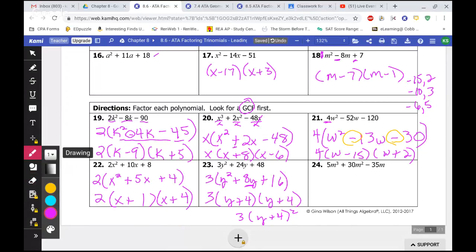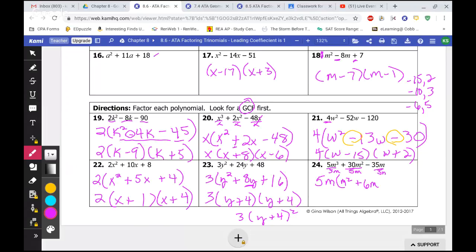All right, what do you think you can factor out of number 24? There's a number and a letter. Yes, 5m. Good job. If I factor out a 5m, I would be left with an m squared. 5m here, I'd be left with a 6m.